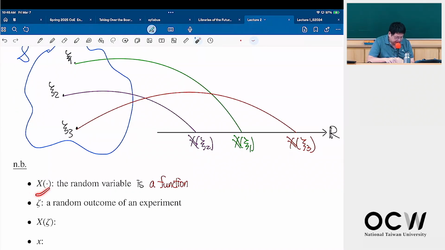Then if I have this function X and also the random outcome, if I combine that together, X of C, what does that mean?